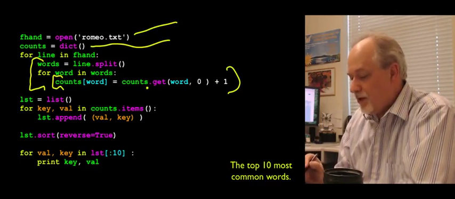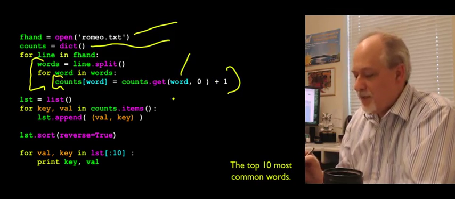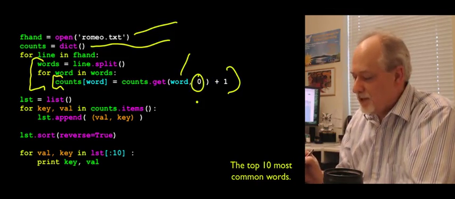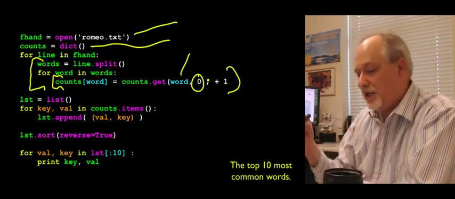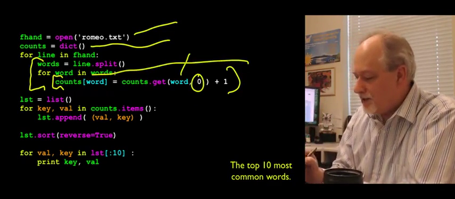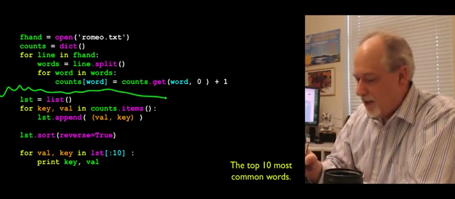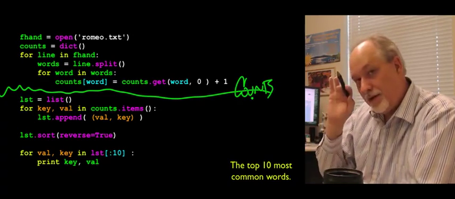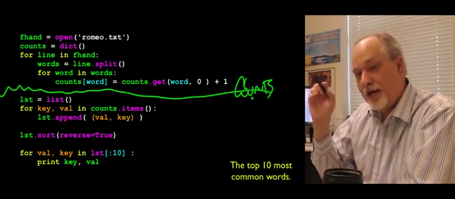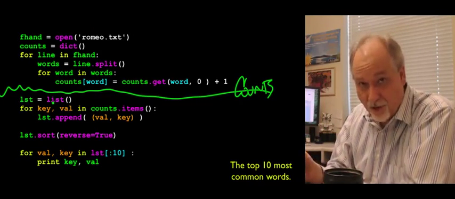That basically says go look in counts. If the word key exists, give me back the value that's in that. Otherwise, give me 0. So this both creates the new entries and updates old entries all in one nice simple statement. So at the end of this bit of code right here, we are going to have counts with keyword word count pairs.